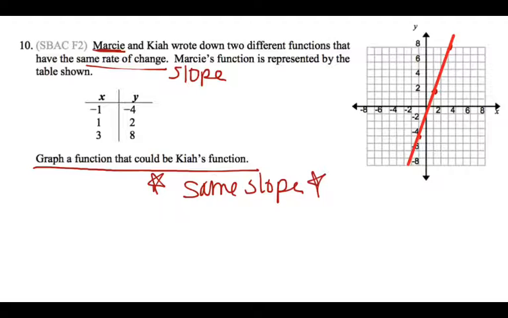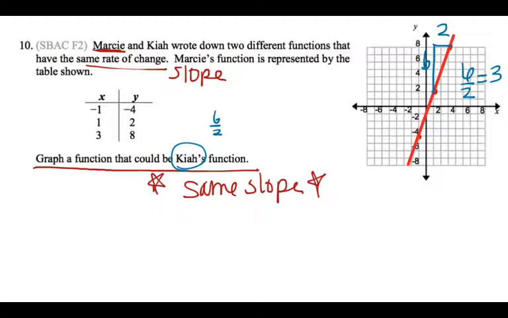Now the thing about Kaya is I need to have the same slope. So I want the same slope as Marcy. So my slope for Marcy, let's go for 2 points. My slope for Marcy is 1, 2, 3, 4, 5, 6 over 2, or 3. So I need Kaya's to have a slope of 6 over 2.